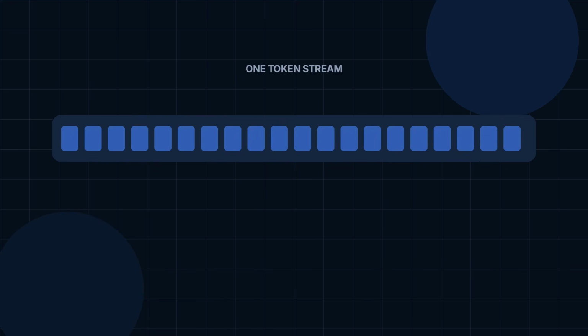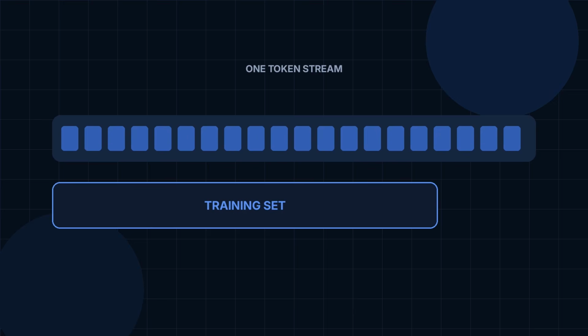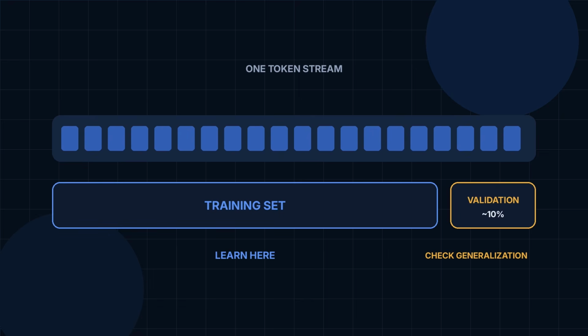One more thing that happens before training starts is that we don't use the entire token stream for training. We reserve a small portion, which is typically around 10%, as a validation set. The training set is what the model learns from, and the validation set is what we use to check whether the model is generalizing or just memorizing.